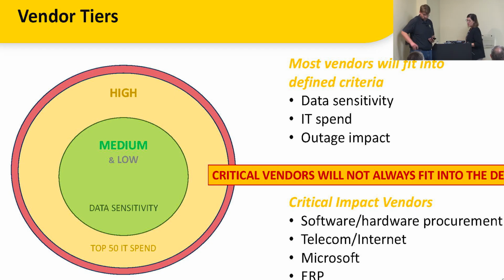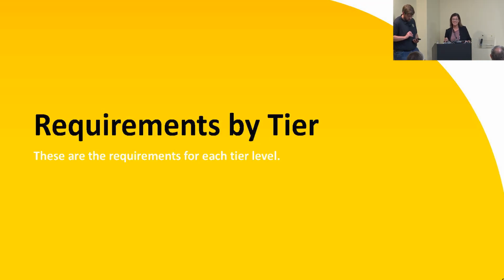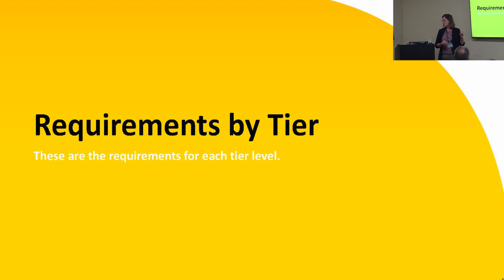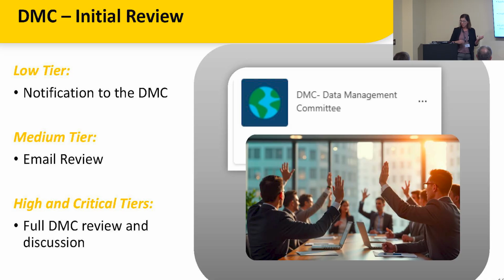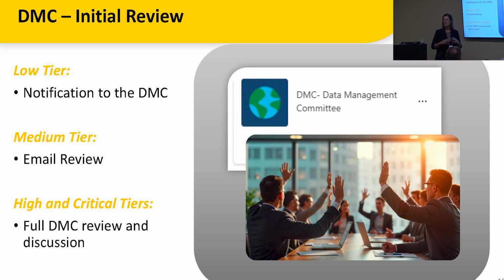If any of you are like us, we're small but mighty. There's a few of us to manage a lot of requests, right? And we've got to manage them in a way that people are going to keep coming back to us, which means we have to be pretty efficient and consistent. So in order to handle the amount of vendor requests we were getting with our current labor, we decided to look at this vendor risk assessment through a tiering process and really focus all of our energy on the high and critical, making sure we have documentation that's solid and complete.